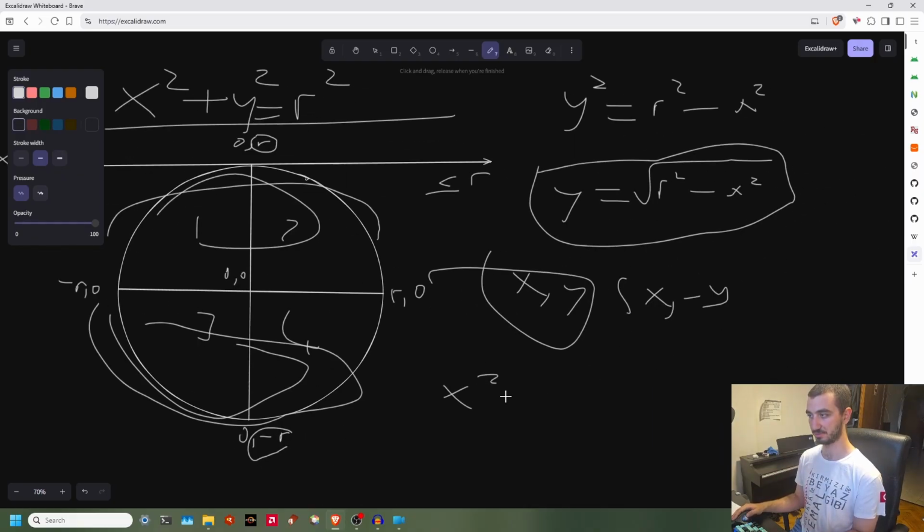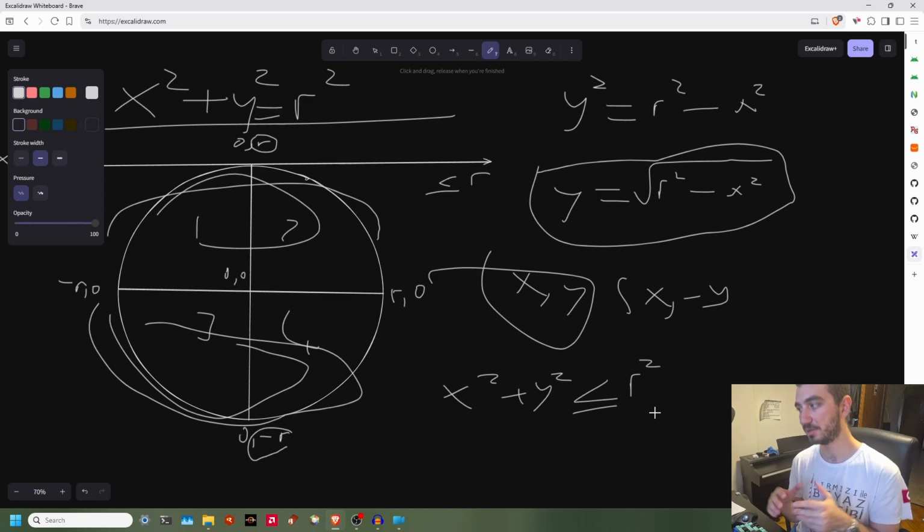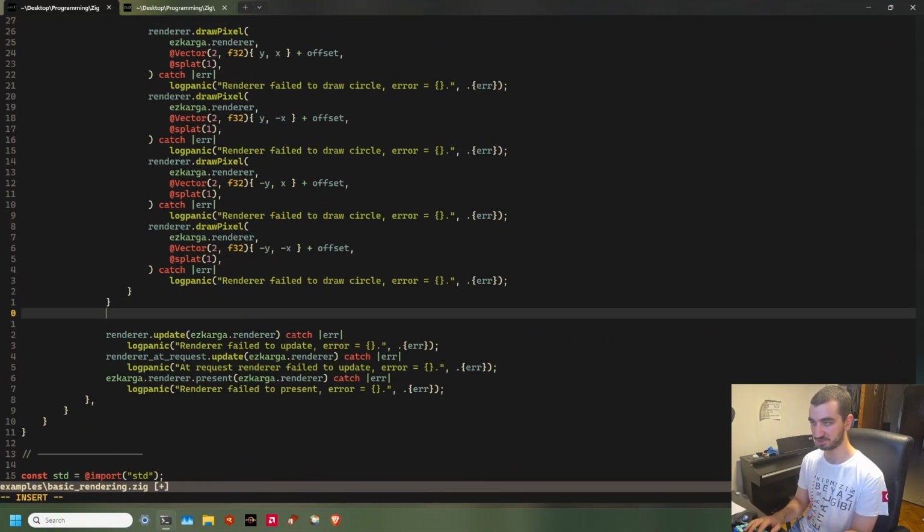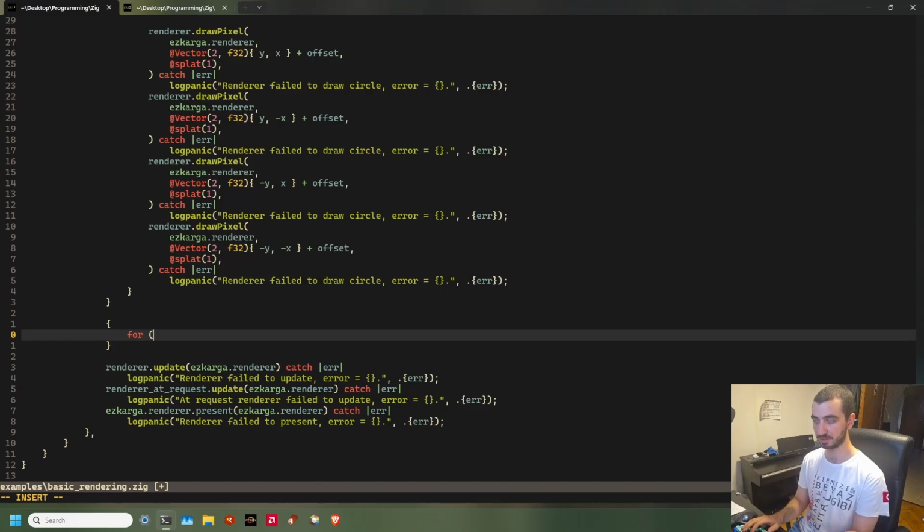Its x and y coordinates can never be bigger than its radius. It has to be equal or less. So by this logic, we can just iterate through its radius.